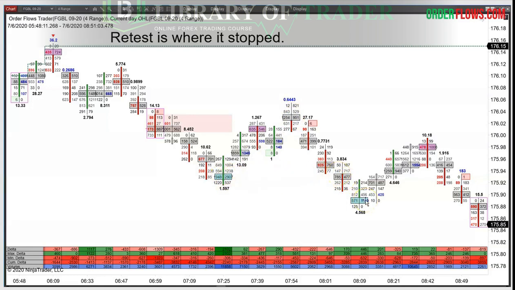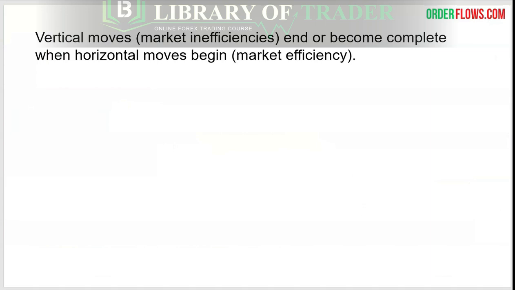It came back down, found a new area of resting liquidity, went back up before going back down where you have a new resting liquidity here. So resting liquidity is dynamic, it changes, but keep an eye on it and understand where it is and how the market's going to trade around it, because at the end of the day, that's what's going to stop a vertical move. That's the best way to stop a vertical move.